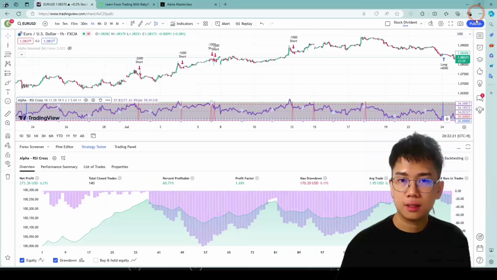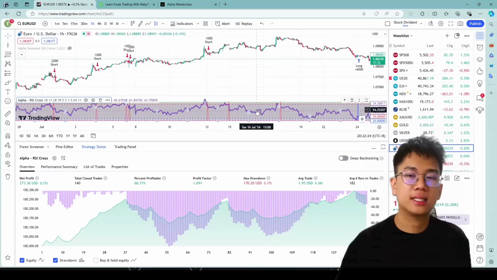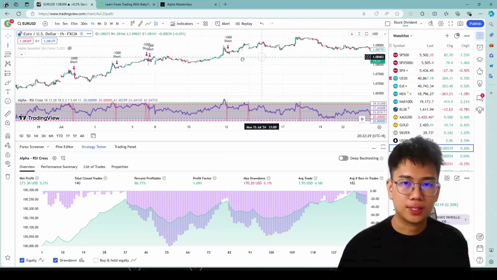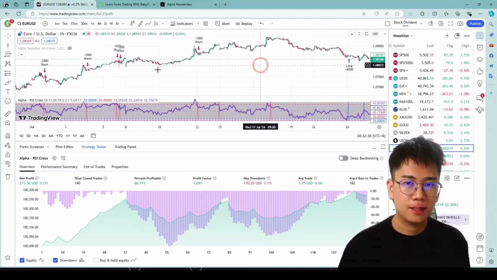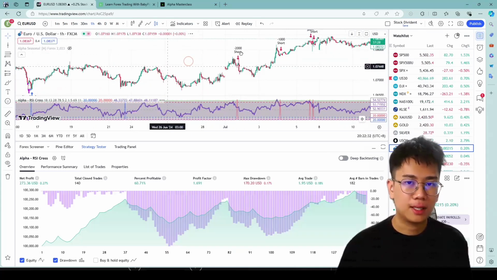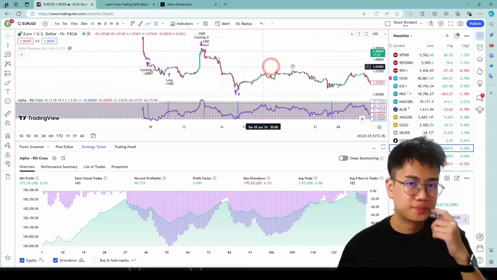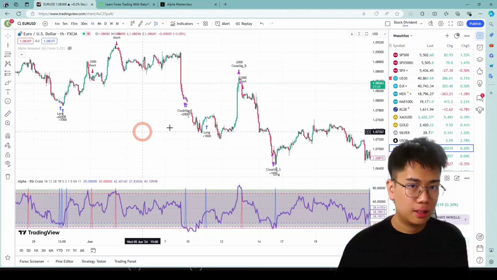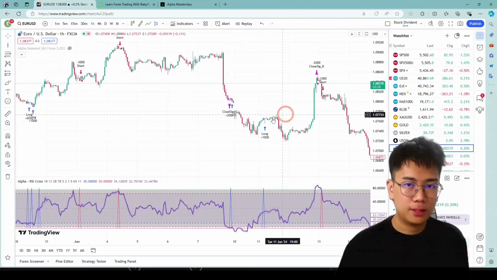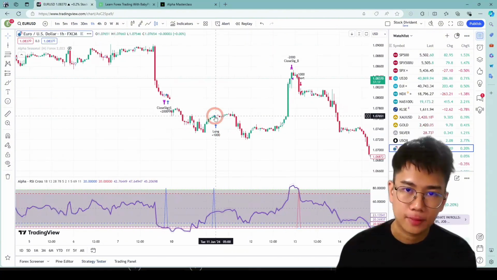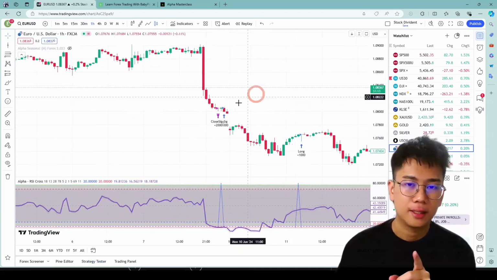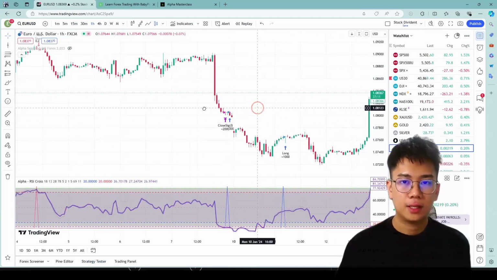Hence, over here you have the RSI setting that tells you when to buy and when to sell. Short means sell. Over here, this is to buy, and this is a close signal, close buy. This is to close sell. And that's it.